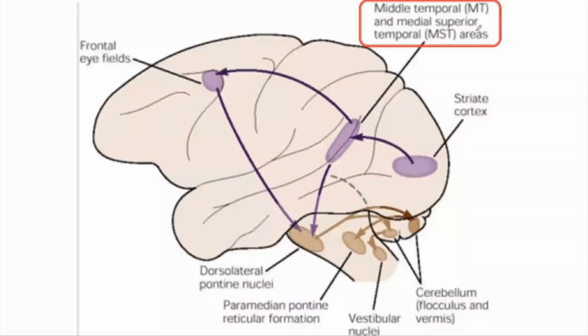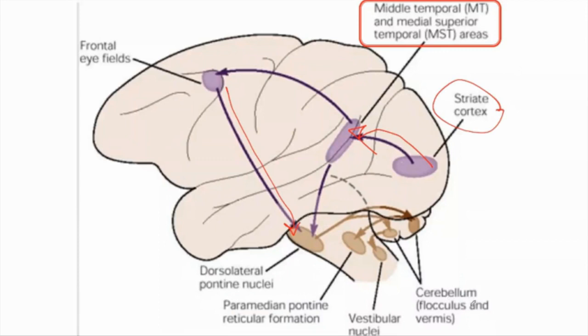So here is the center, the medial temporal area, that receives input from the visual cortex, which now sees the target by the saccadic eye system, and then it sends impulses to the frontal eye field and the dorsolateral pontine nucleus.